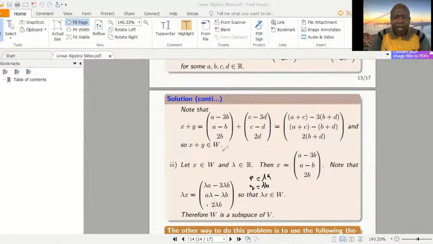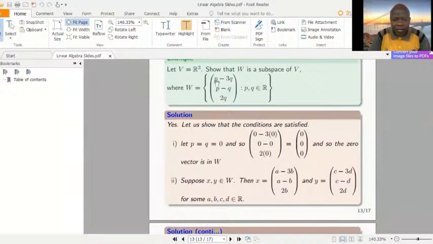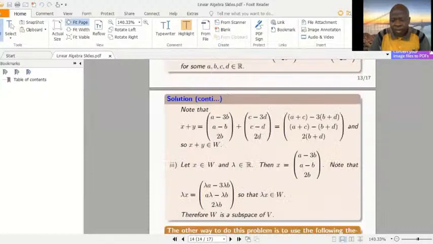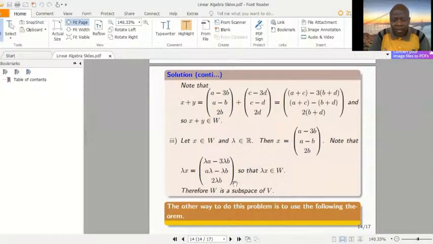That means this product again is in the required format. Let's look at what the required format was. Let me just clear this. Yeah, this was the required format for elements to be vectors to be in W. They were to obey this, and we've seen that that product obeys that. That's why it's very important. And that means, therefore, since the three properties have been satisfied, it also then means that W is a subspace.